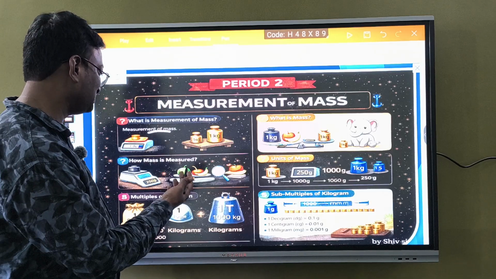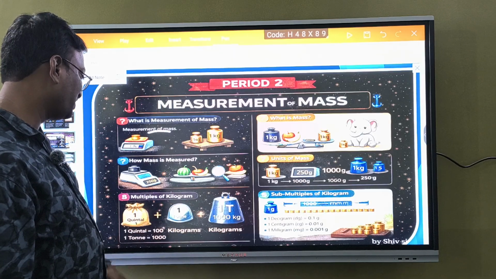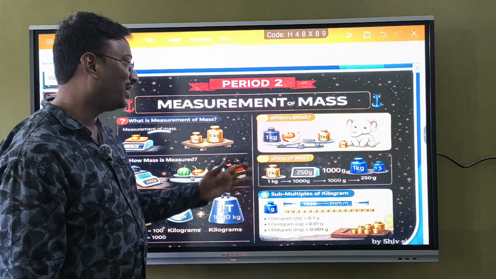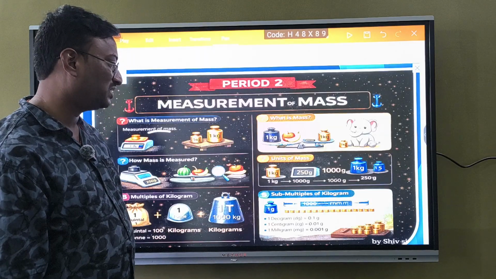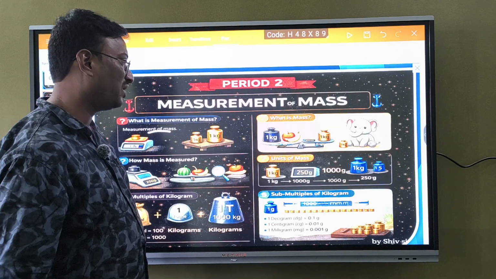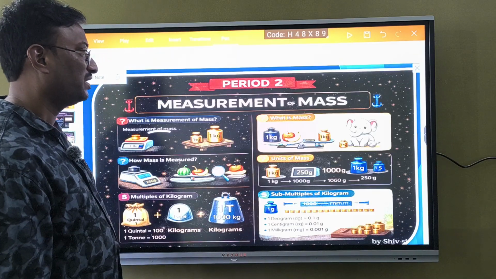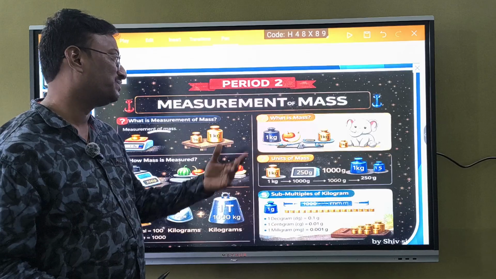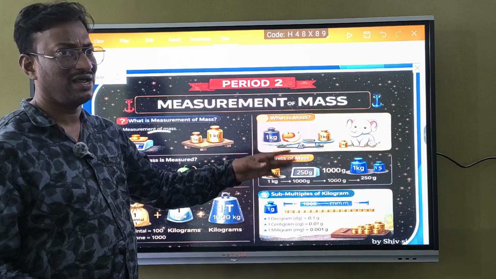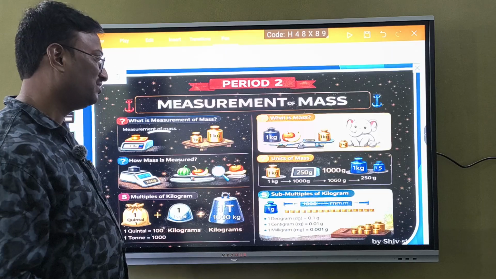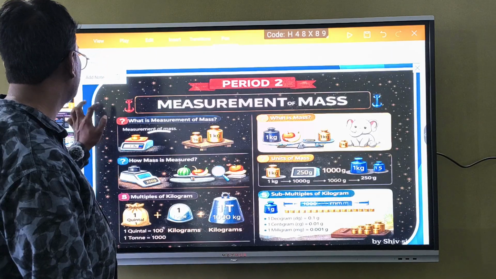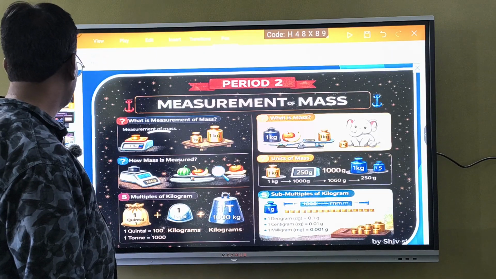How much mass is measured, multiples of kilogram, and what is mass, units of mass, submultiples of kilogram. Likewise, we are going to discuss one by one. So mass is measurement of something. The units of mass are grams, kilograms, etc. Next, submultiples of grams we will discuss one by one.